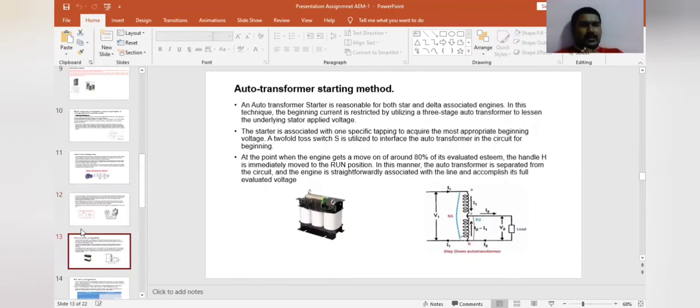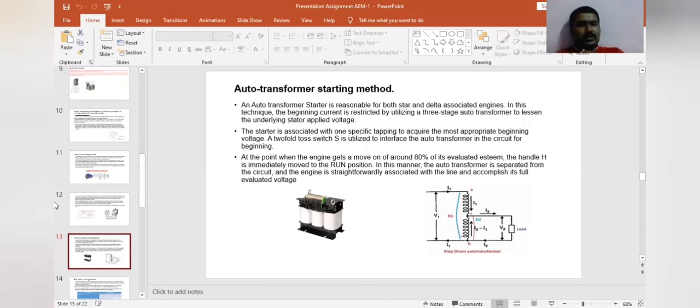The third one is the auto transformer starting method. This method is suitable for both star and delta connected motors. In this technique, the starting current is limited by using a three-phase auto transformer to reduce the stator applied voltage. The starter is connected to one specific tapping to obtain the most appropriate starting voltage.